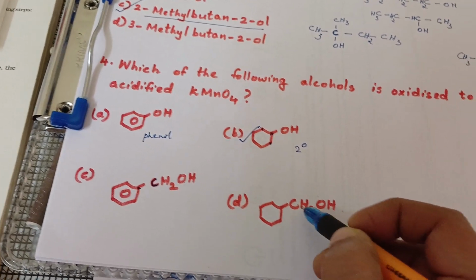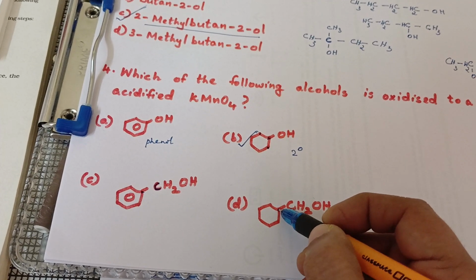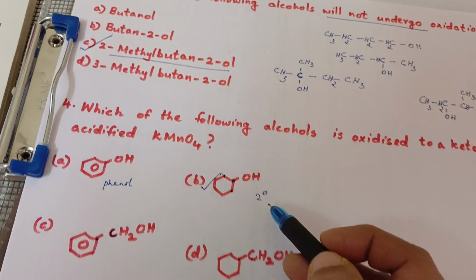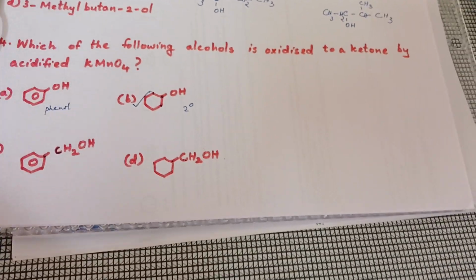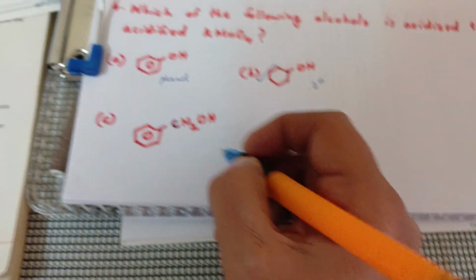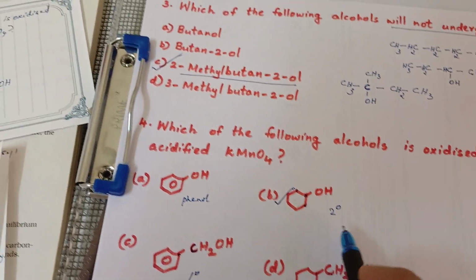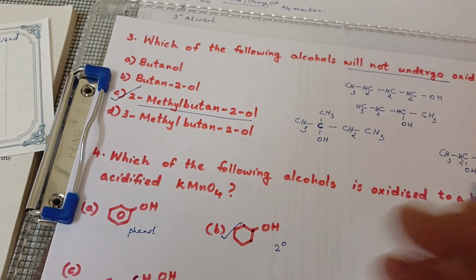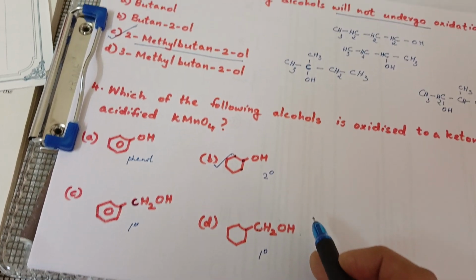This also similarly has OH attached to this carbon, attached to only one other carbon. So option B will be the correct choice for us. This is primary and this is also primary. Only this is a secondary alcohol. So this will give you a ketone, whether you are using a strong oxidizing agent or a mild oxidizing agent.